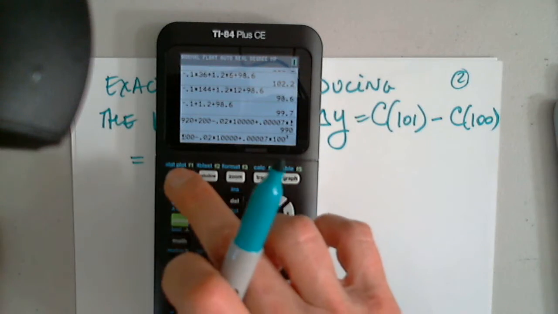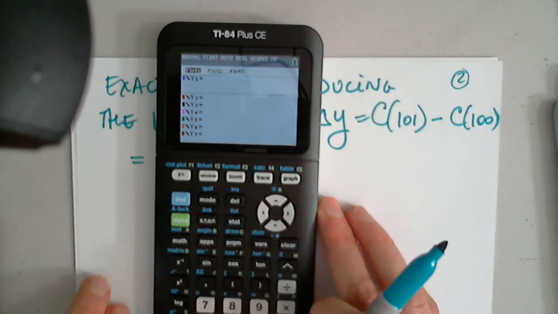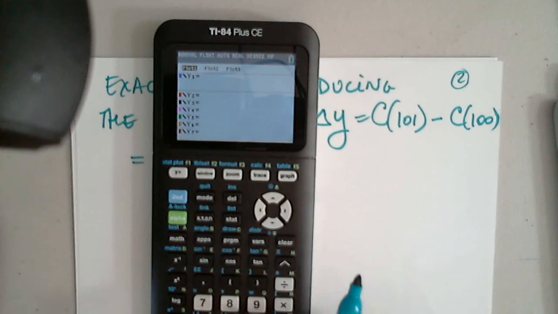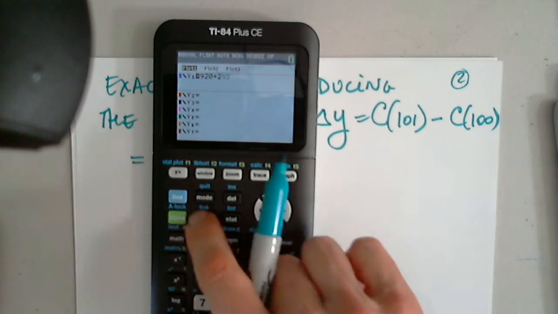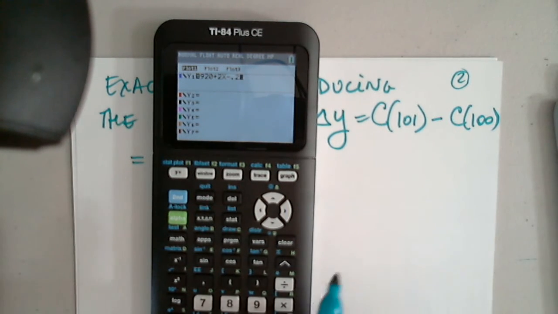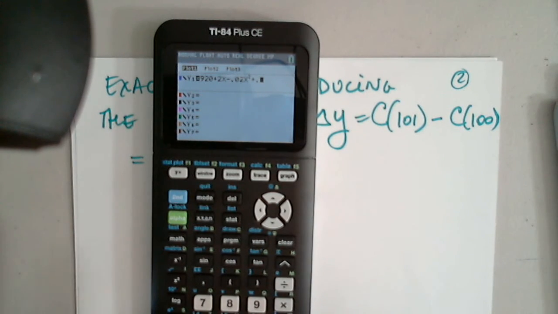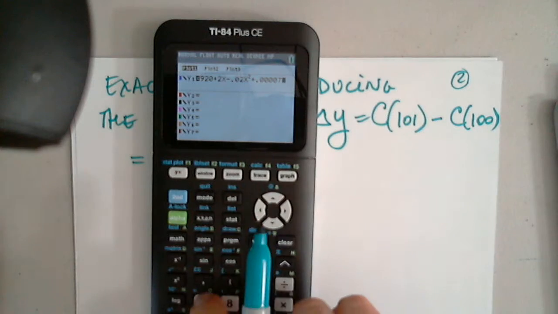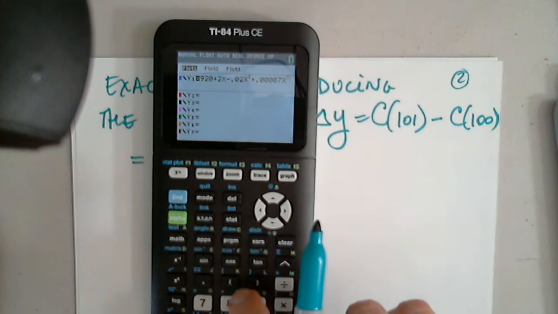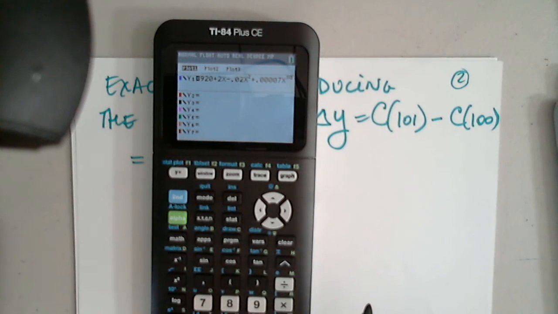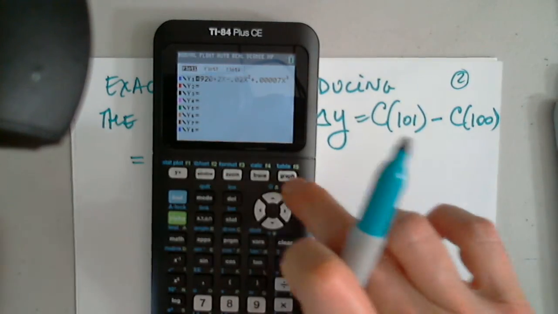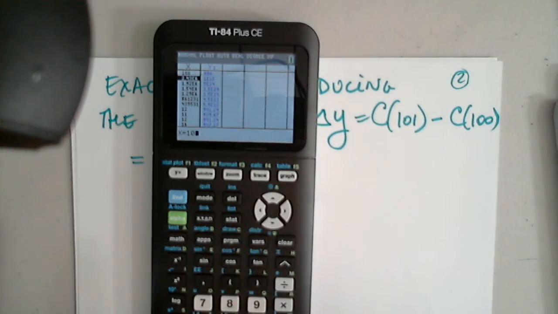So maybe I should just create a function and plug it in. That's much better. 920 plus 2 times x minus 0.02 x squared plus 0.1234 x to the third. Okay, good. So now I'm just going to plug in 100 and 101.